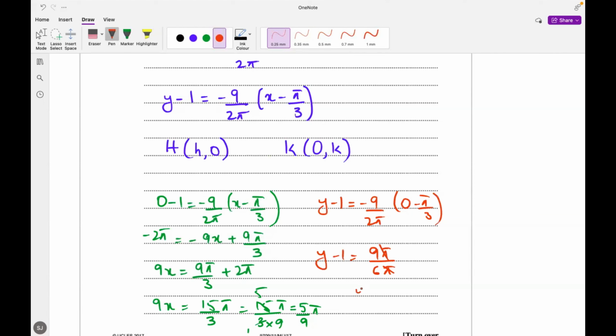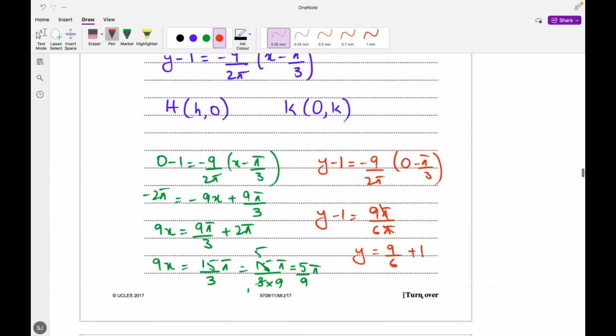Pi and pi will cancel. So y will be equal to 9 upon 6 plus 1, and the value of y will be 9 plus 6 upon 6, which is 15 upon 6, which is 5 upon 2. So this is the value of k, and this was the value of h that we had to prove.